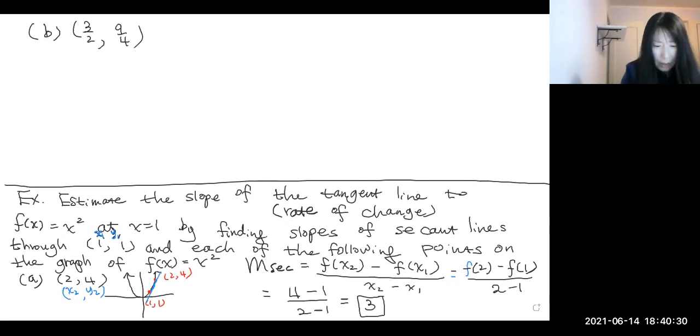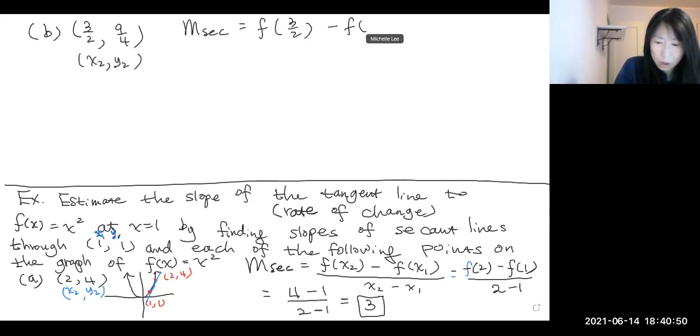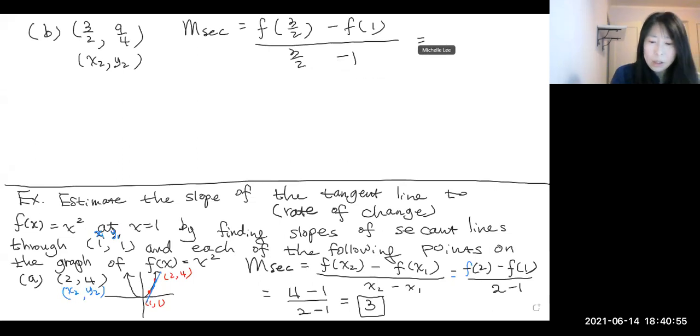Okay, in this case, this is the x sub 2, y sub 2, right? So we do the slope of the secant line, which is f of 3 over 2 minus f of 1 over 3 over 2 minus 1. So f of 3 over 2, what do you get? 9 over 4. Good.